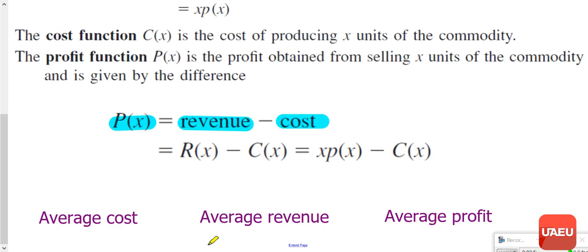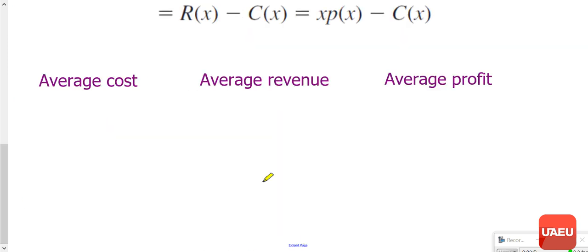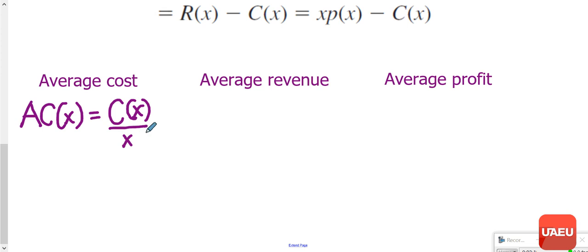In addition, as we mentioned in our preamble to this topic, you may be expected to know average functions: average cost, average revenue, and average profit. They are all related in the sense that the average cost is the total cost of making x units, which is C of x, divided by the total number of units made.